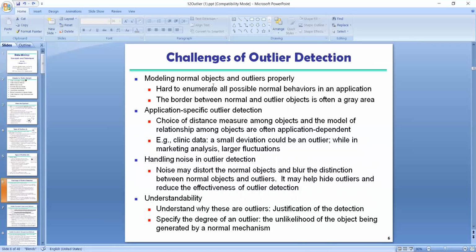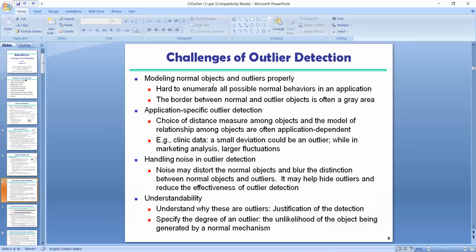Another one is application-specific outlier detection. The choice of distance measures among objects and the model of relationship among the objects are often application-oriented. For example, in clinical data, a small deviation could be an outlier. But in marketing analysis, only a large fluctuation can be considered an outlier.